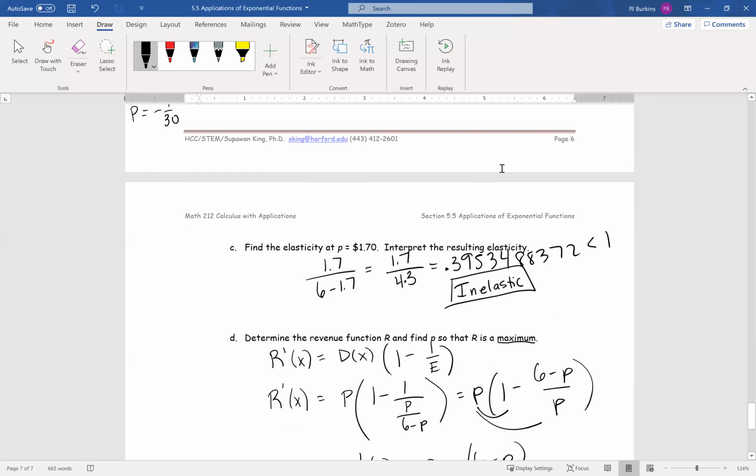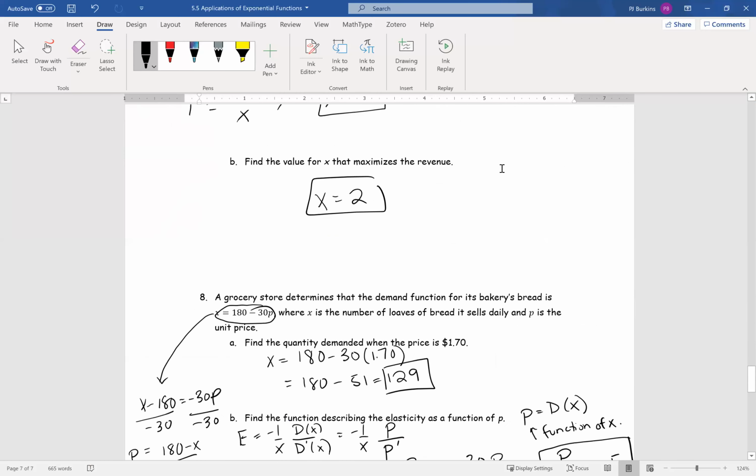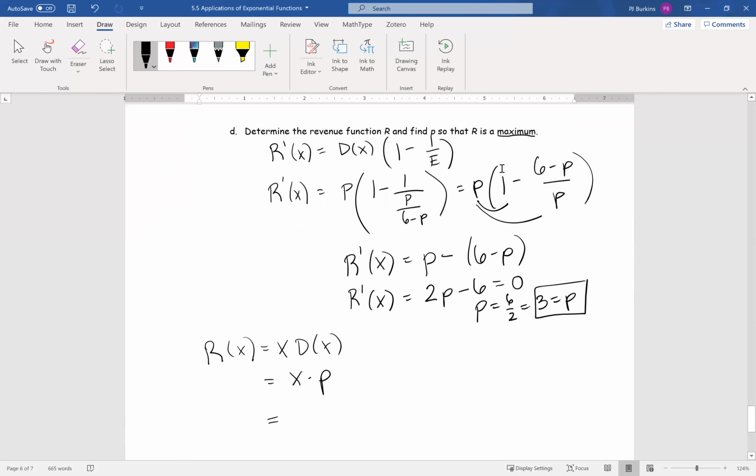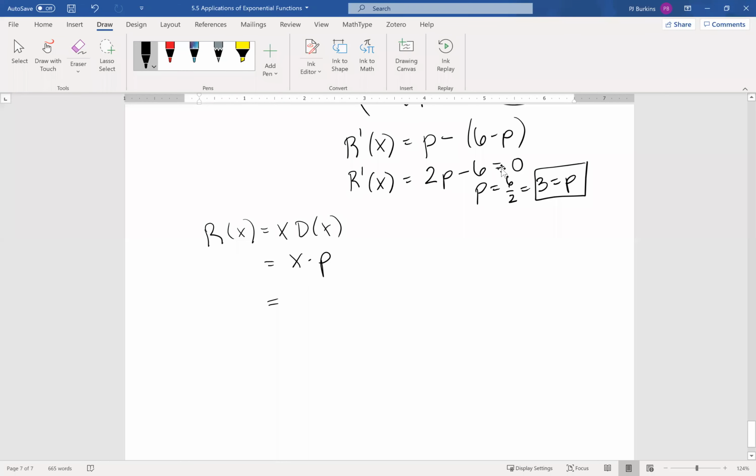And if we go all the way back, x was equal to 180 minus 30p. So you should also be able to take the derivative of that and solve. So I'm curious, let's find out.